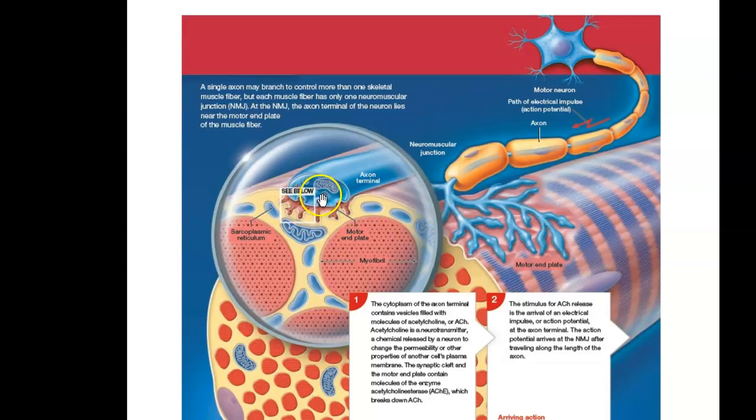And here you see the vesicles that contain acetylcholine. The acetylcholine is being released by exocytosis into the synaptic cleft between the axon terminal and the motor end plate. And the acetylcholine is binding to receptors on the sarcolemma, the motor end plate itself.